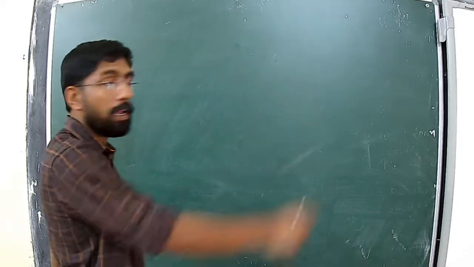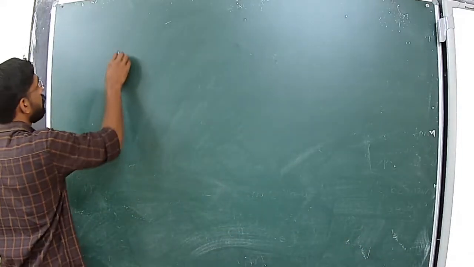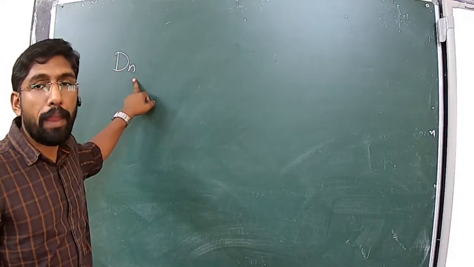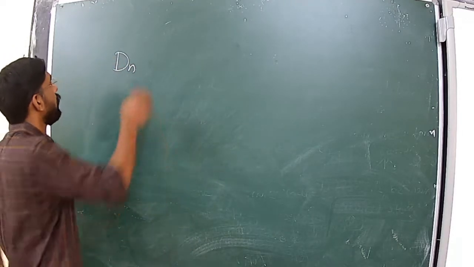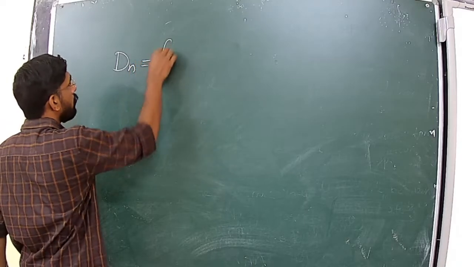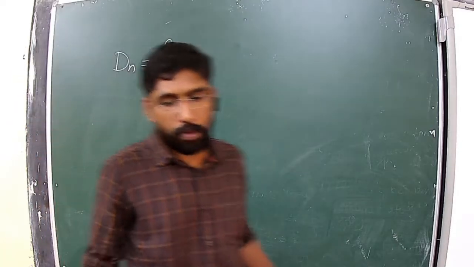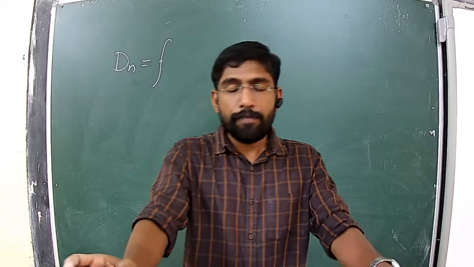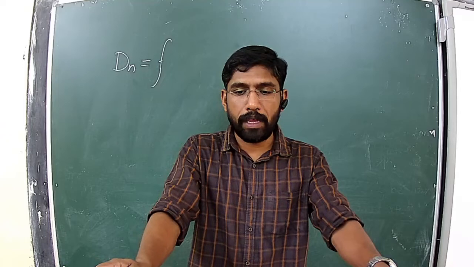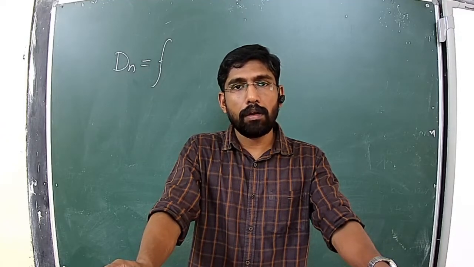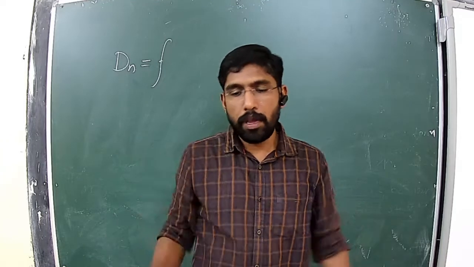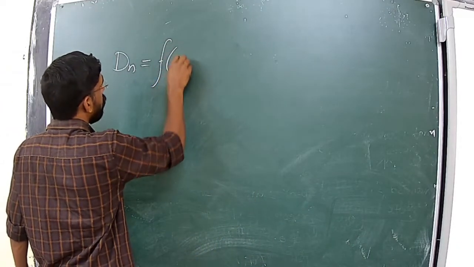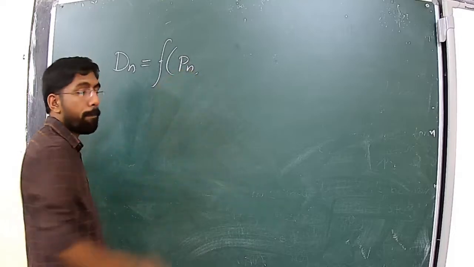So it can be indicated like this. Demand function: demand of Dn, that is demand of a commodity, is equal to a function of the first determinant, that is the price of the commodity, Pn.